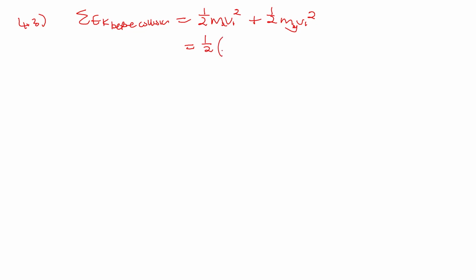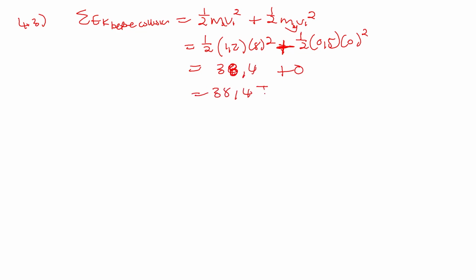So before the collision, the mass of X is 1.2 and the initial velocity is 8 squared, plus, we know that Y starts at rest, so its initial velocity is 0. Anything multiplied by 0 will be 0. So our answer will then be 38.4 joules.